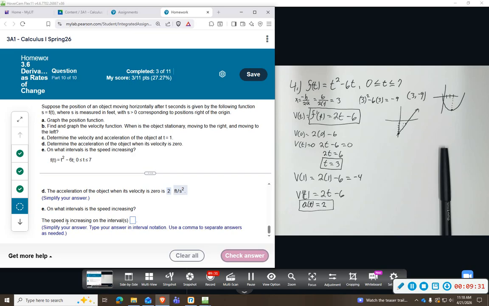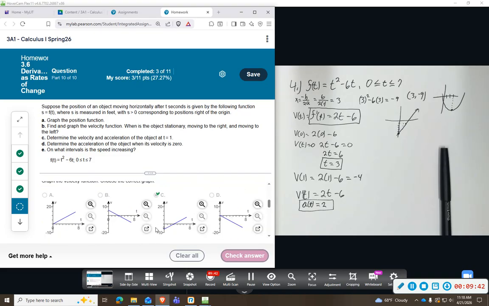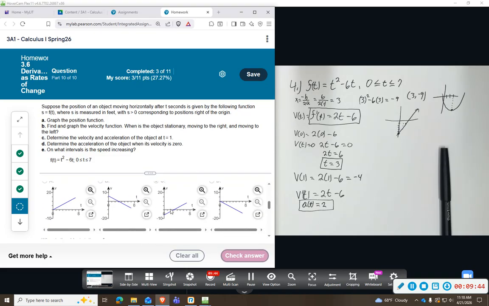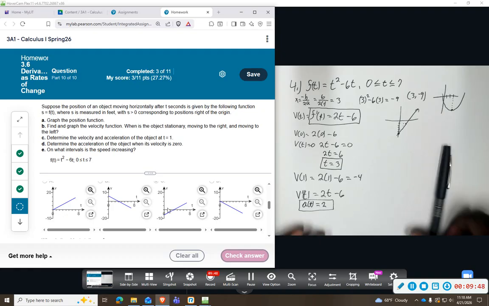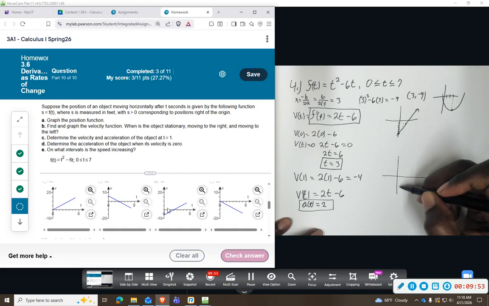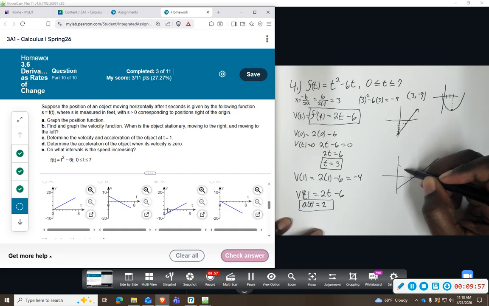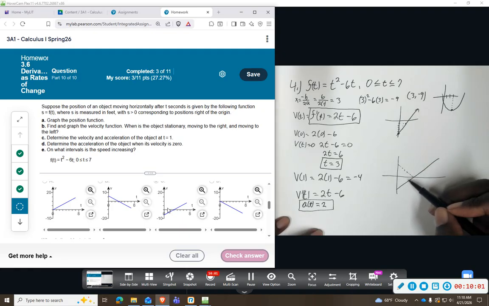And then when is the speed increasing? The speed is the absolute value of the velocity function. If we look at the velocity function and take the absolute value, instead of going down it's going to mirror image up, and we're looking for the line when it has positive slope.